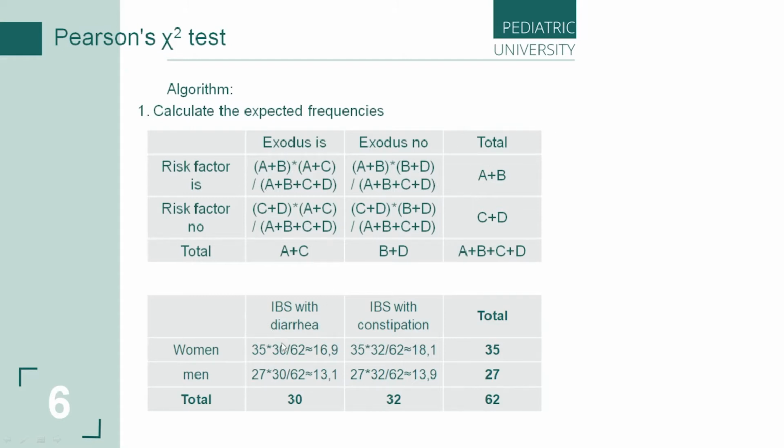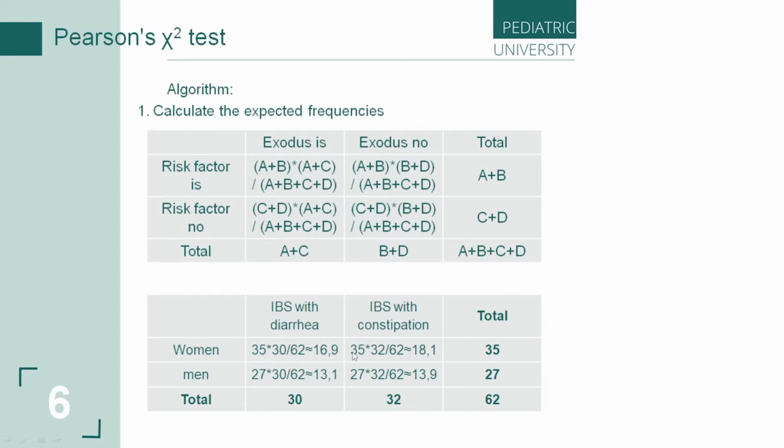We should multiply it by A plus C, the total of this column. This is 30. After that, we divide it by the grand total, 62. And our answer will be 16.9.